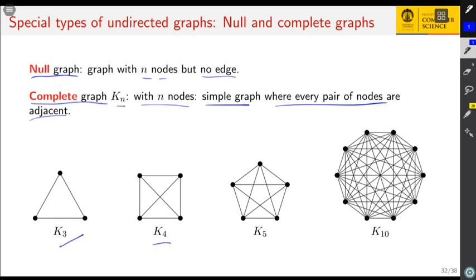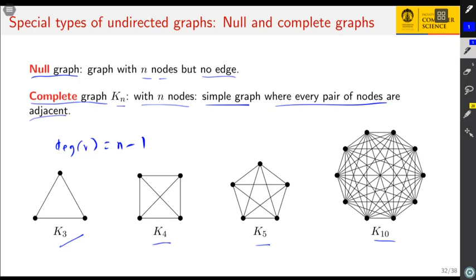This is K4, this is K5, and this is K10, right? And obviously you see here that the degree of every node is n minus 1 in complete graphs, all of them.